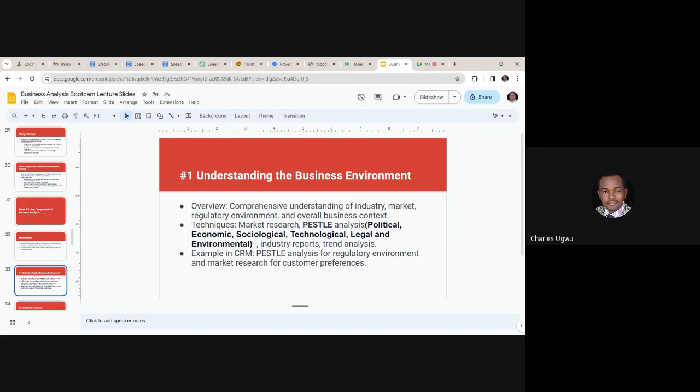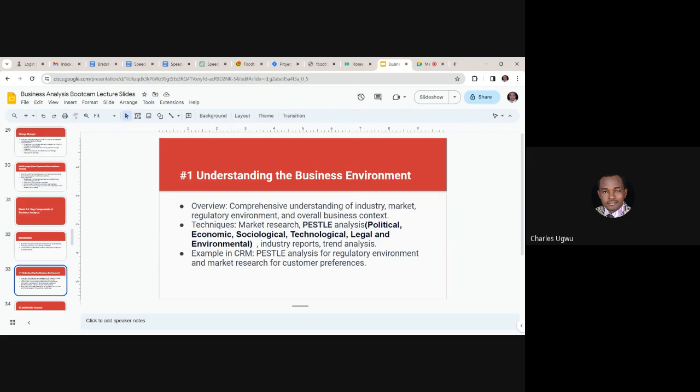You need to apply PESTLE to see how they affect your project or the market you are planning. For instance, applying PESTLE analysis for the regulatory environment and market research for customer preference. So that is how you can apply PESTLE in CRM.